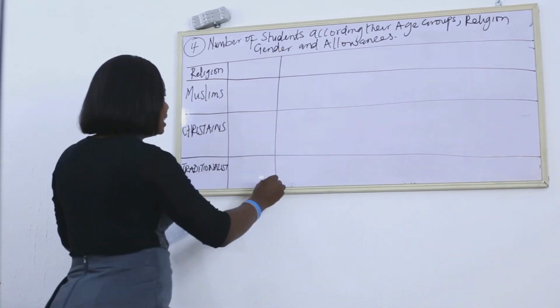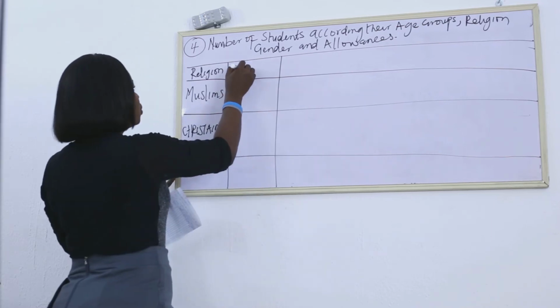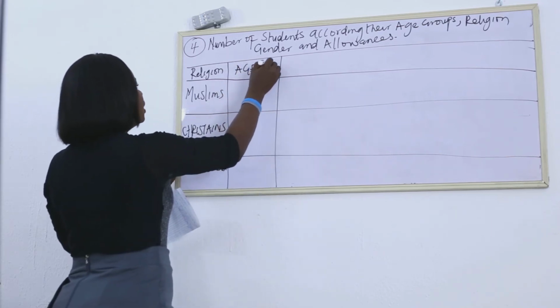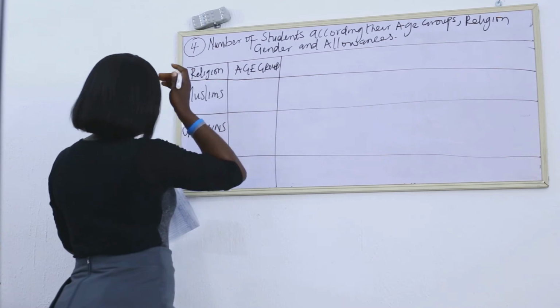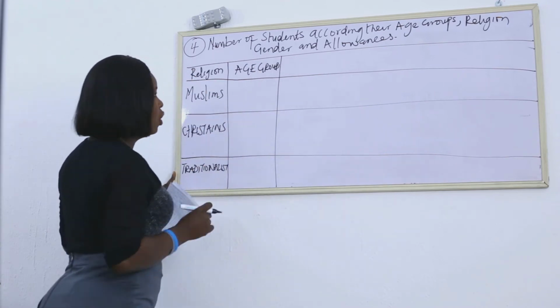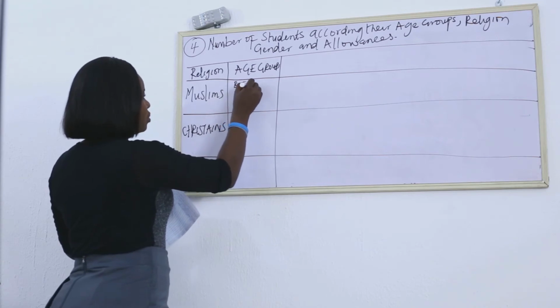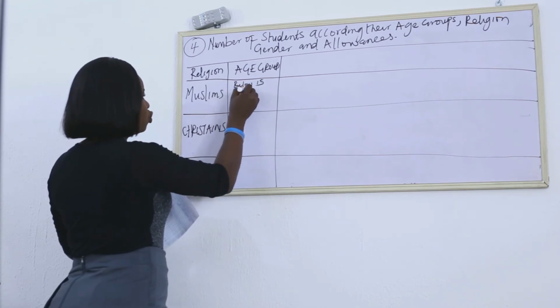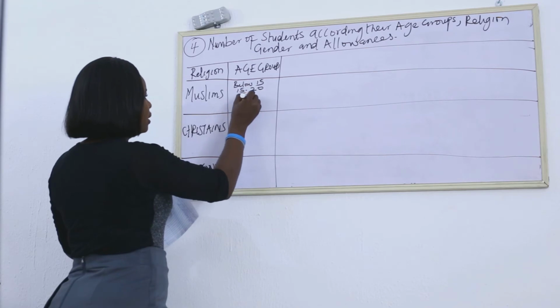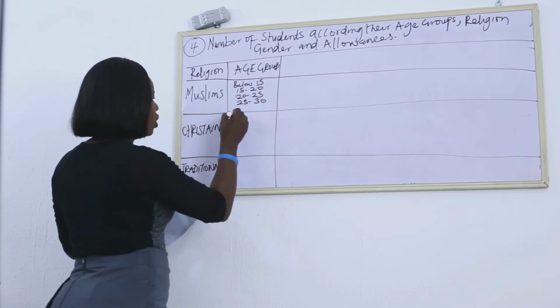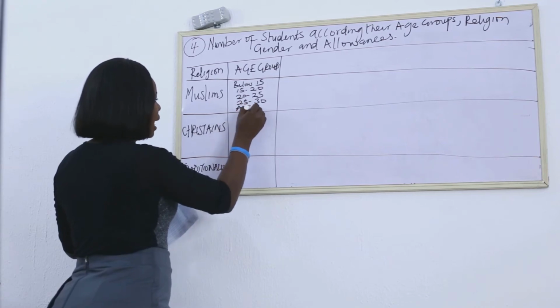Then the next thing we are looking at is their age groups. We said for each of those religions, the age group is what? Below 15, 15 to 20, 20 to 25, 25 to 30, then what? Above 30.